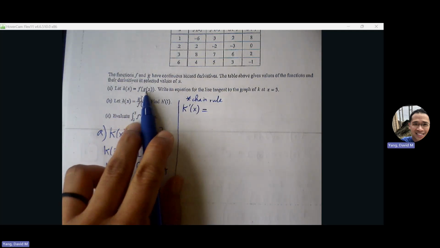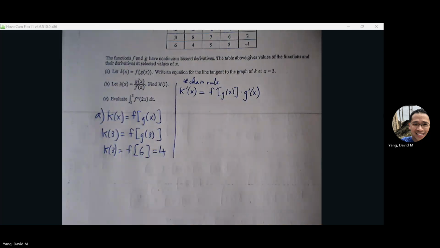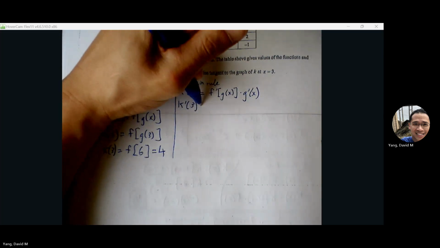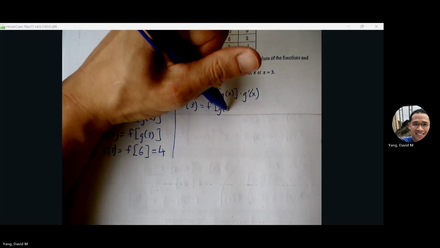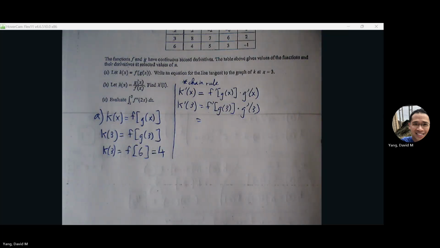Outside derivative times inside derivative. Let's find one piece at a time. You're not going to do all this in one step.